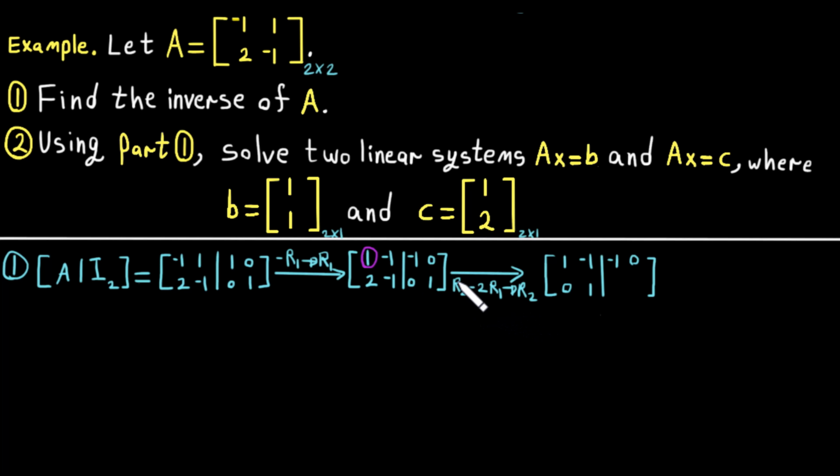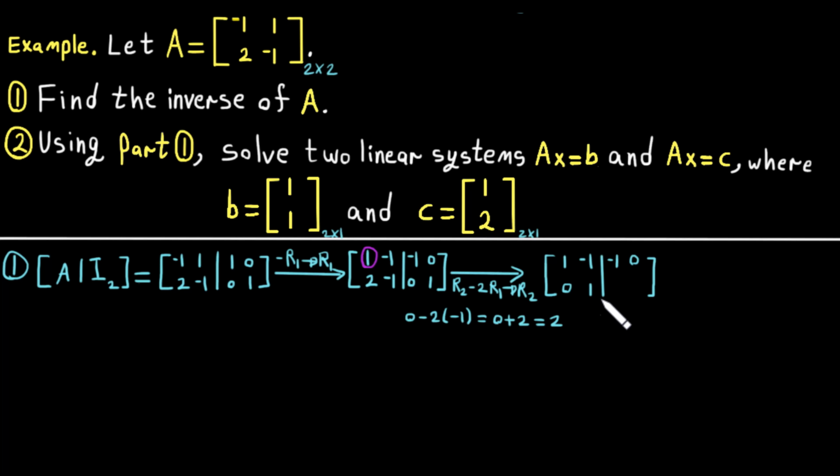0 minus 2 multiplied by -1. So it will be 0, minus with negative will be positive, 2 multiplied by 1, which is 2. So the answer will be 2.